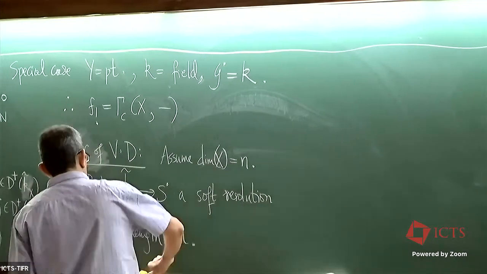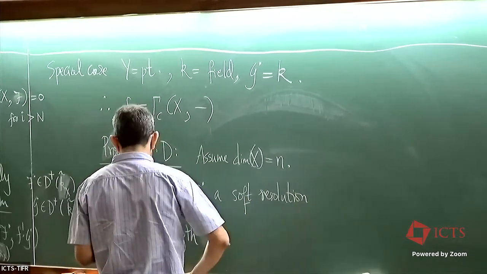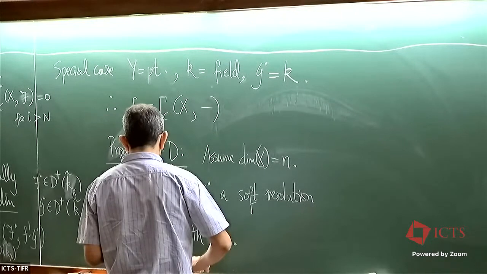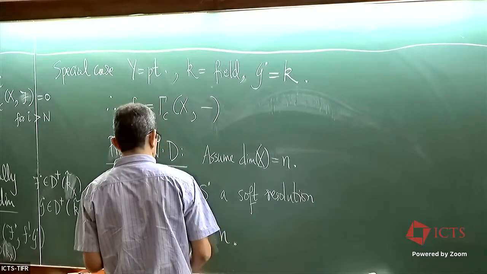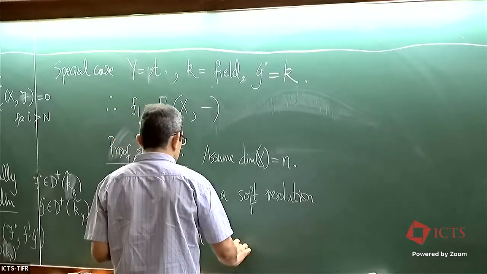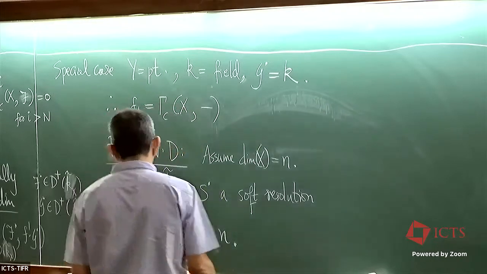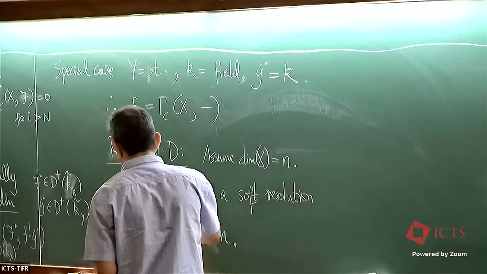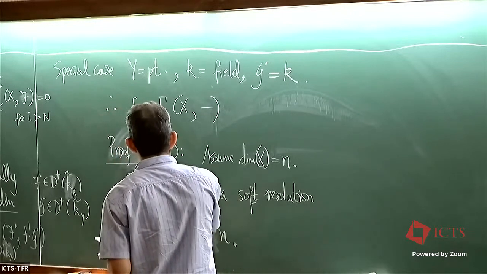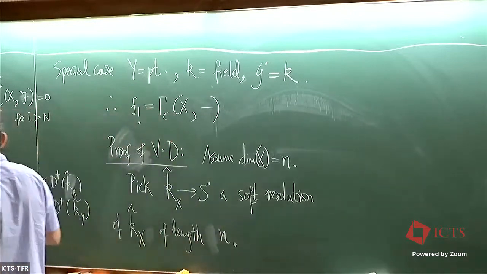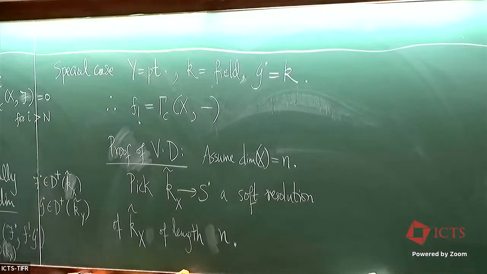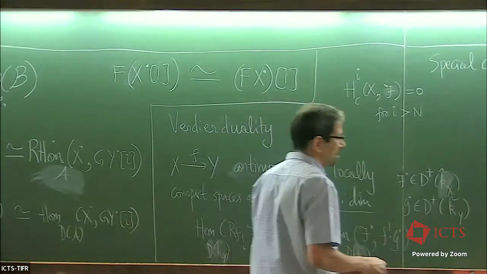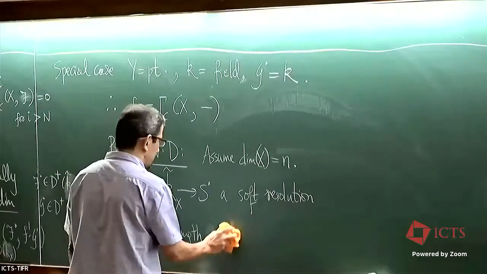No, I think I want length n. Okay, let's take length n. So there will always exist a resolution of length at most n, so I need to say that. Right now, this might be a bit confusing, so let's say finite length.